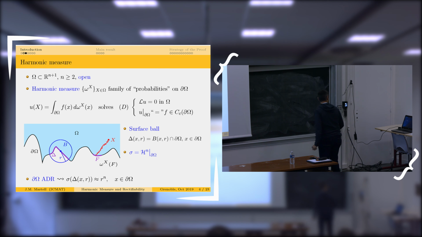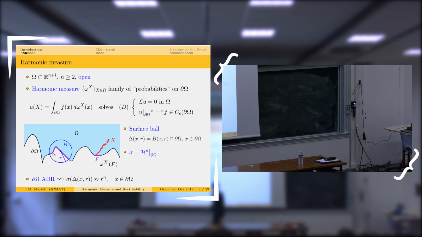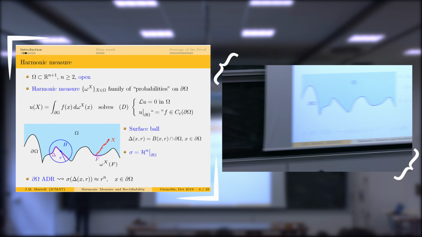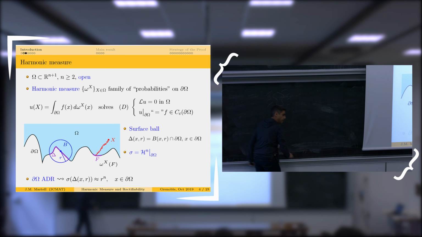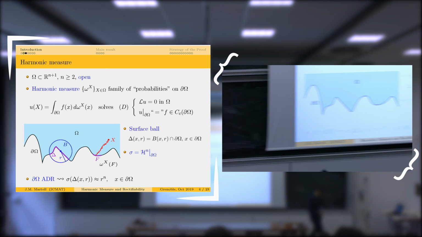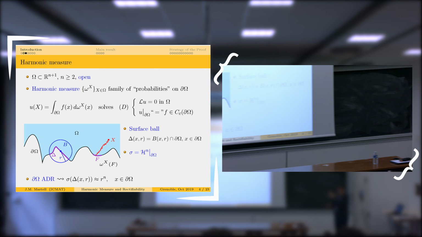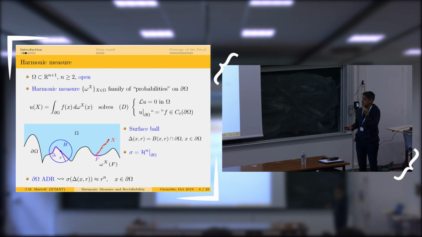But if you have something like the complement of a ball, your domain, something like that, the harmonic measure is never a probability, at least the way that you construct the harmonic measure. But this is different in n equals 2. So this is one of the reasons I'm in dimension at least 3.